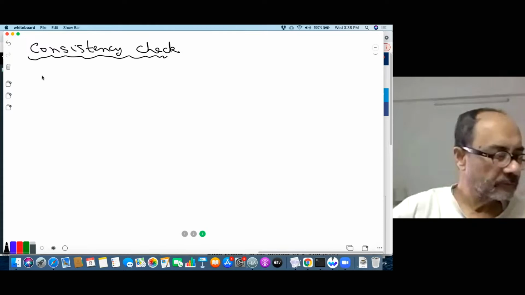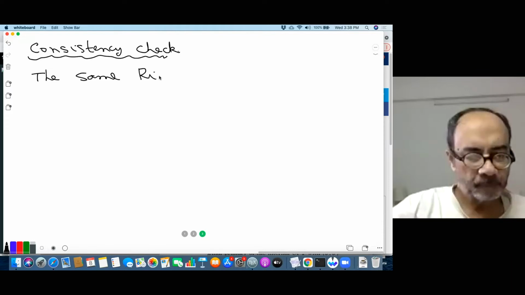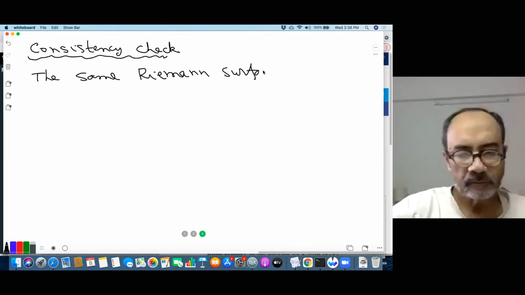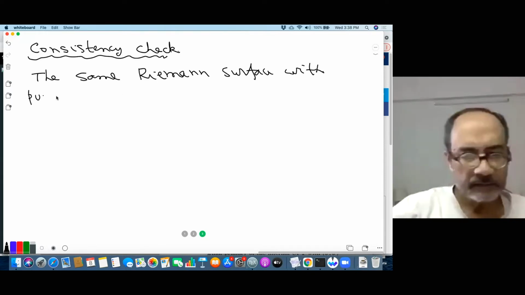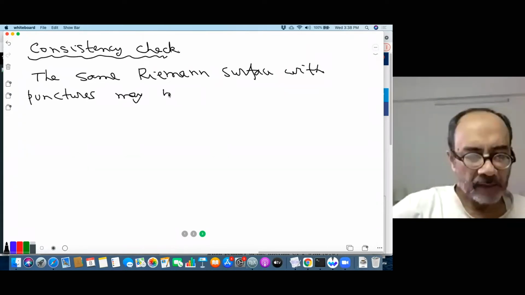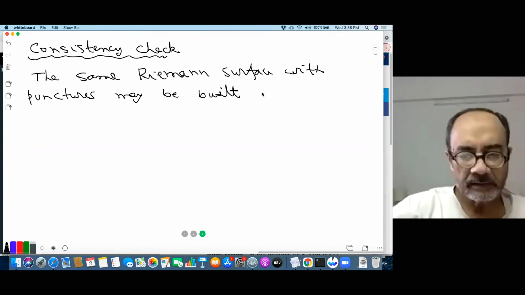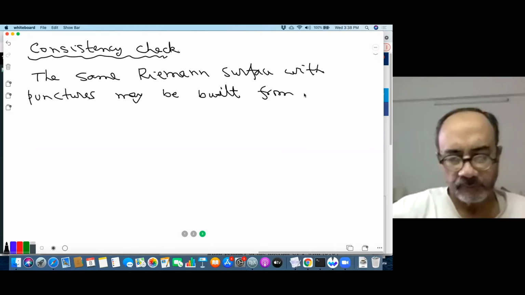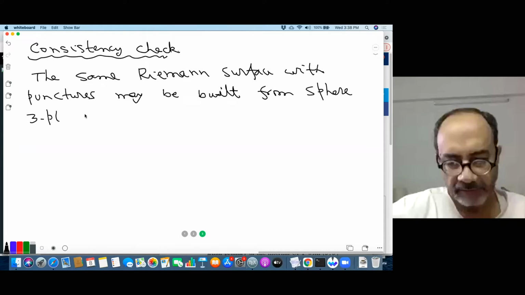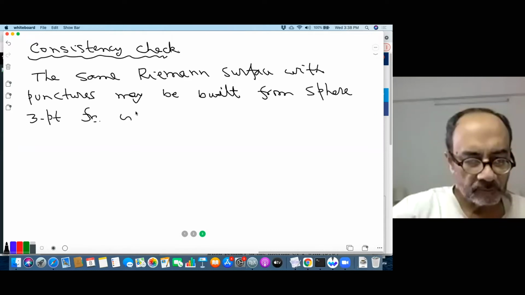Often what happens is that the same Riemann surface with punctures may be built from sphere 3-point functions in more than one way.